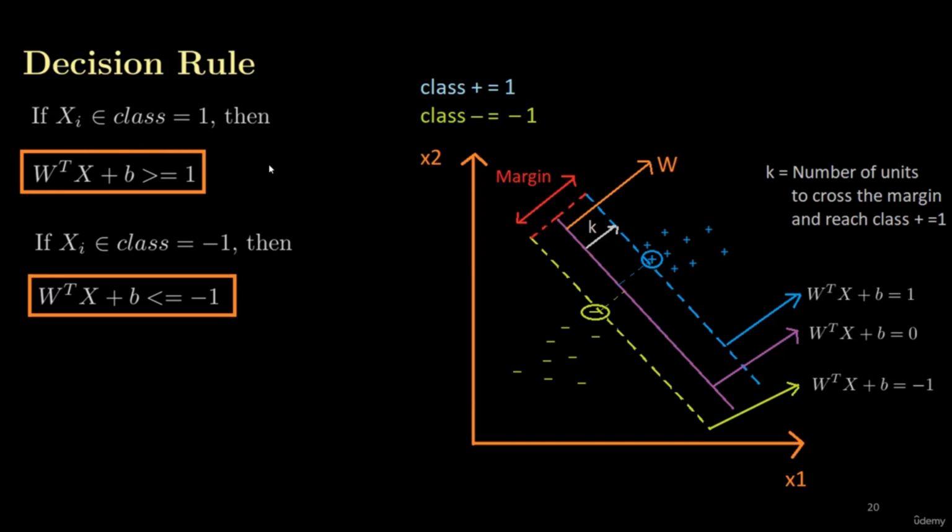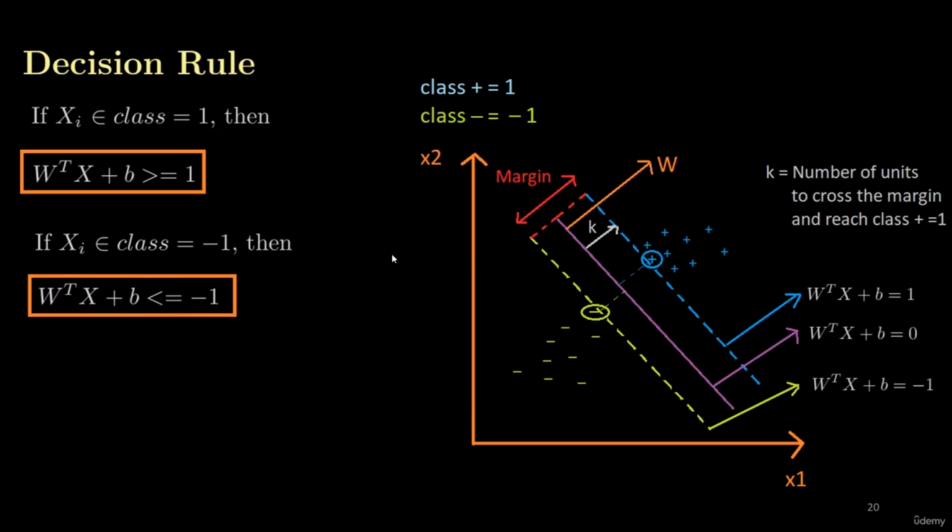So this is the decision rule for any data point to be classified as a positive class or class 1. Similarly, if any data point is to be classified as a negative class, its equation should be less than or equal to -1, or it should be present somewhere here in order to be classified as a negative class or -1 class. So this is the simple decision rule for a support vector machine to classify any data point.